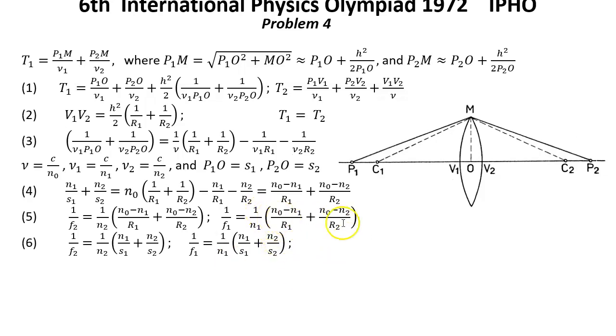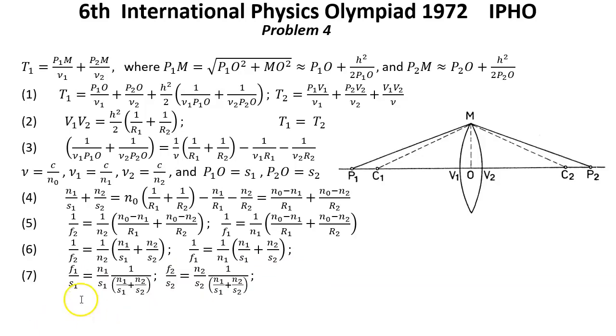But these two expressions are exactly equal to the previous expressions in number 4. So we can combine number 4 and number 5 and find that 1 over F2 equals this one, and 1 over F1 equals this one.